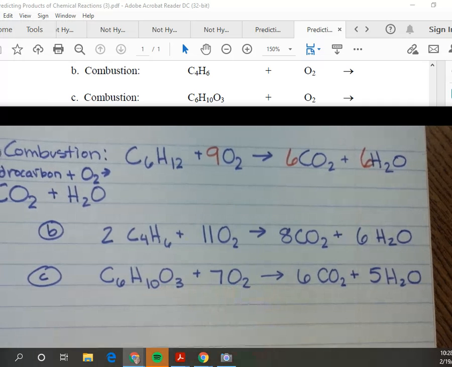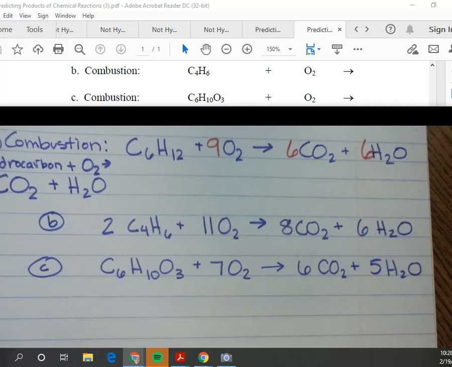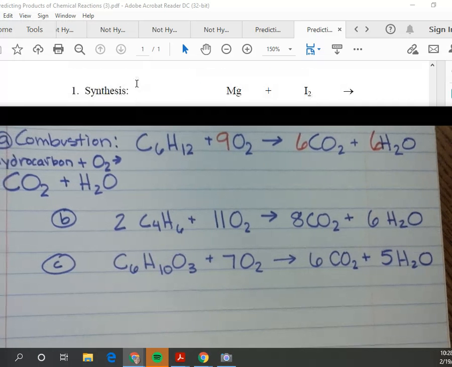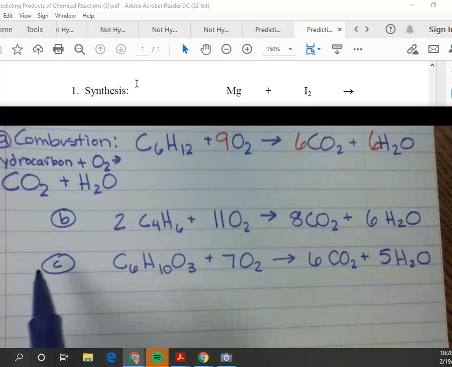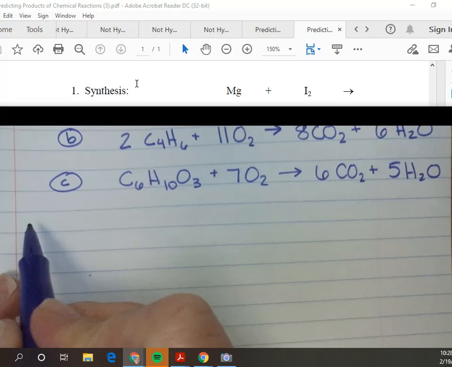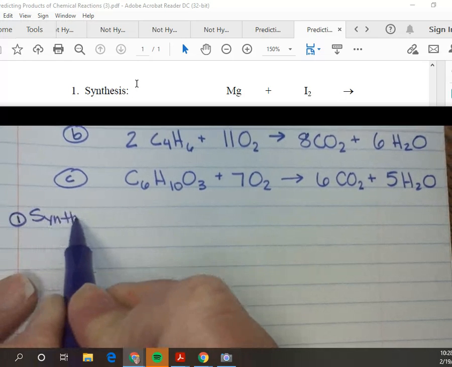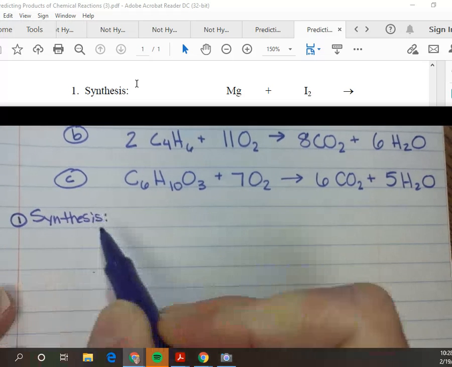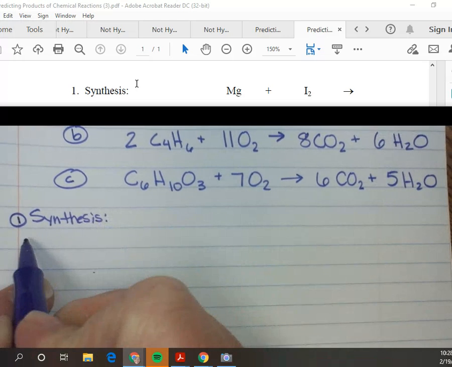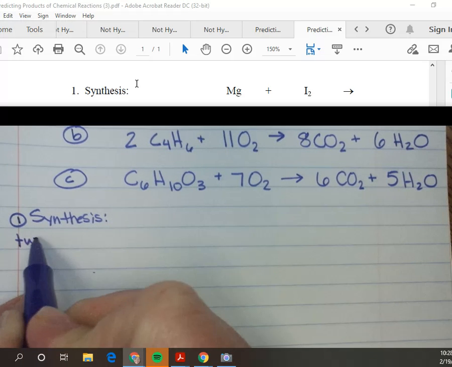All right. So let's discuss some of the other problems on this problem set. The first one here is synthesis. So we're told that it's synthesis, and let's talk about how do we know that it's synthesis? Because like I said, you guys had to do these on a snow day. So synthesis, we have 2 elements.